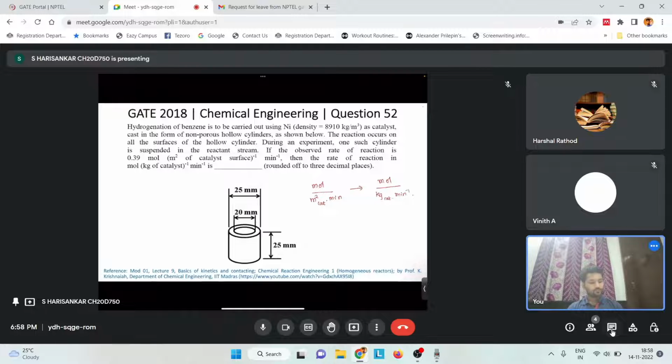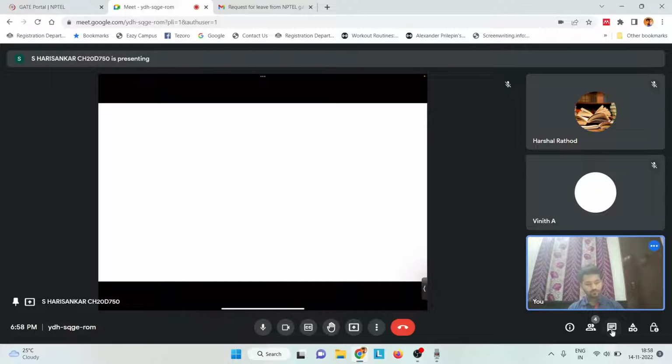So let us see how we can do this. Here the reaction rate is given as 0.39 mole per meter square catalyst per minute, and we need it in terms of mole per kilogram catalyst per minute. That means we need to somehow convert this meter square term into the kilogram term.